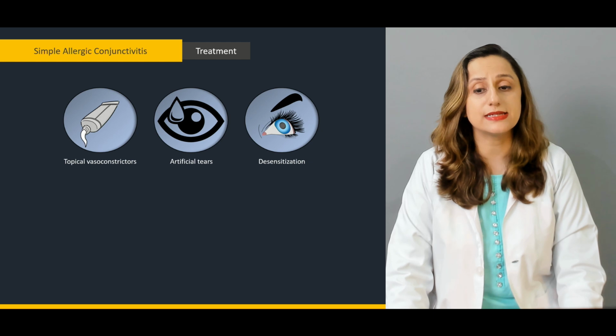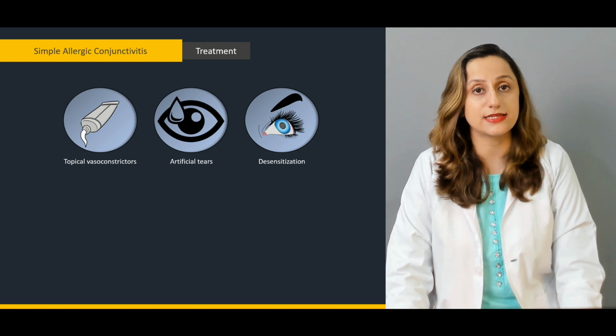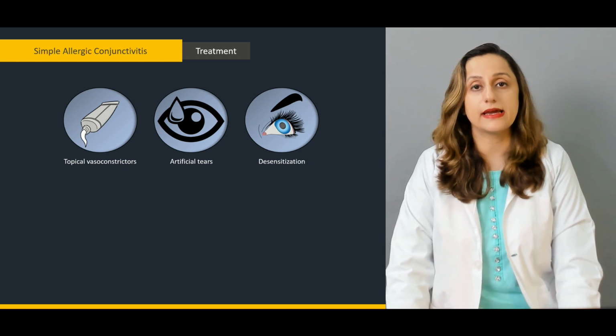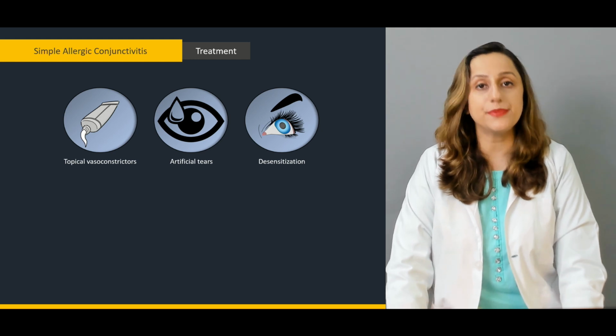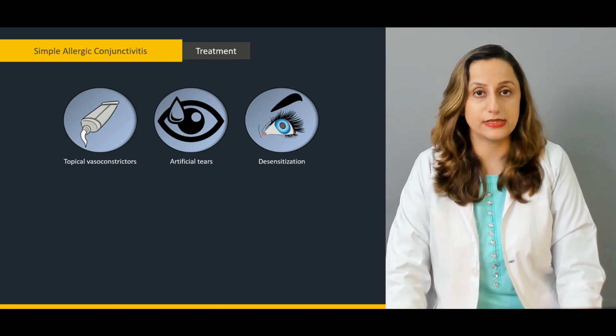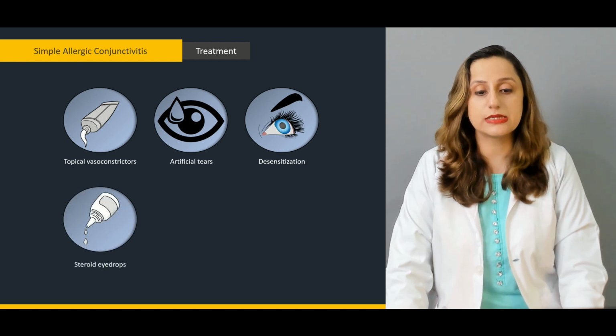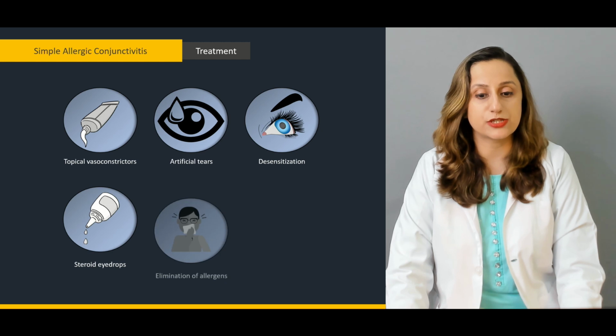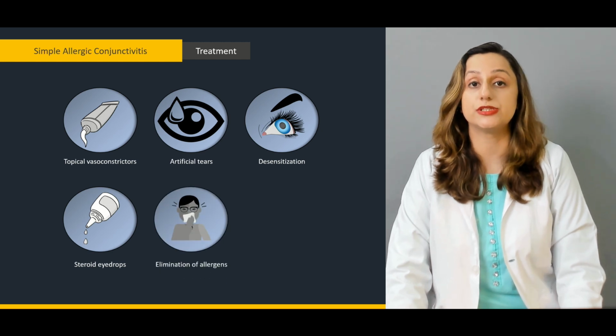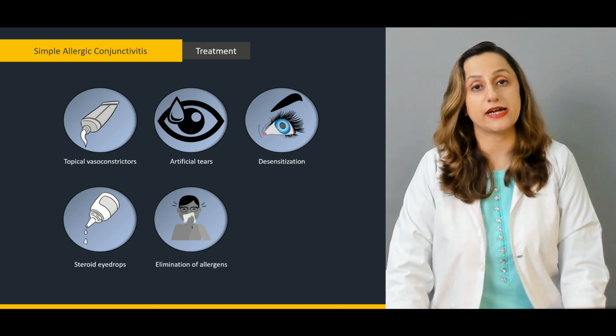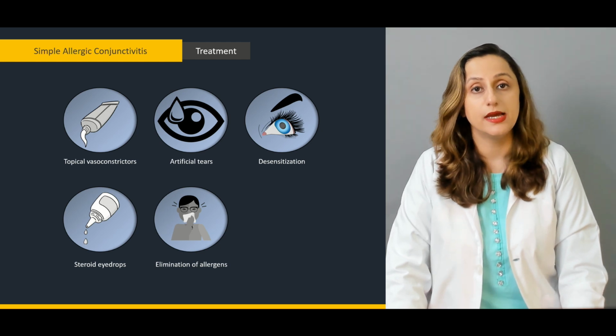Then we have the drugs that cause desensitization of the conjunctiva, and again they hamper the cellular reaction that is taking place locally. We use steroid eye drops for such a purpose. The elimination of the allergen is the first and foremost factor if it is a well-known allergen.